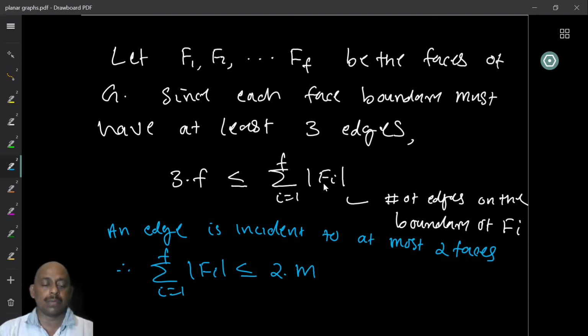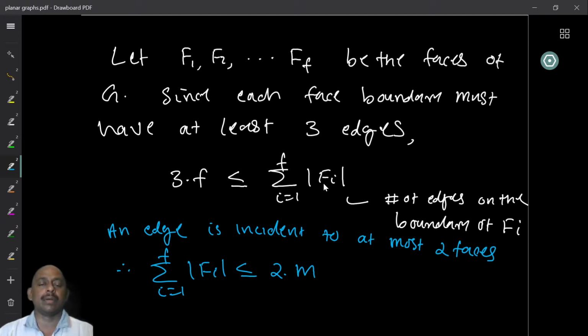But now, what we know about the relation between the faces of a graph and the edges is that if you look at the boundaries of faces, every edge is incident to at most 2 faces. So an edge cannot be counted by more than 2 faces. So in the summation, an edge is only counted at most 2 times.